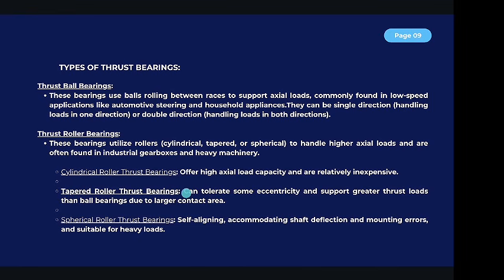This one can tolerate some eccentricity and support greater thrust loads than ball bearings due to the larger contact area.